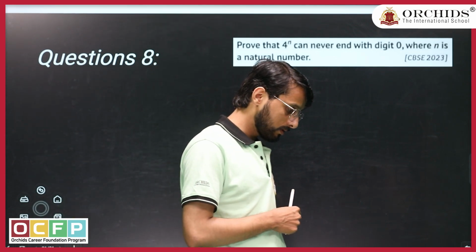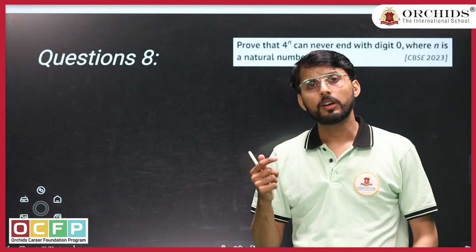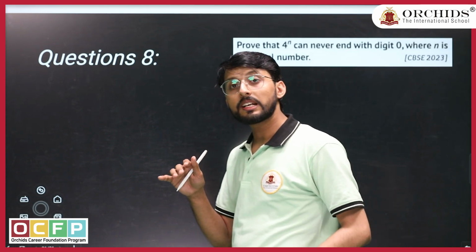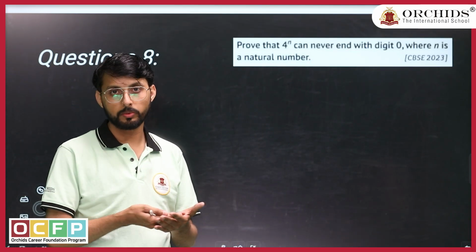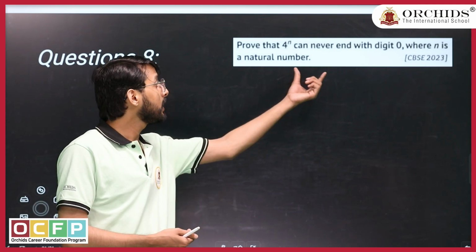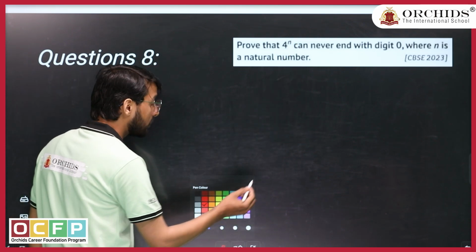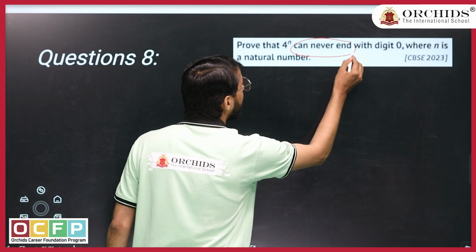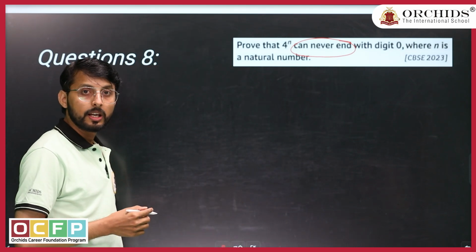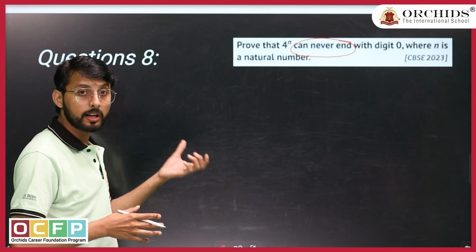In question number 6 we were doing trailing zeros, the number of zeros. It means a pair of 2 and 5 will end up in zeros. They are telling us it will never end with 0, which means it doesn't have a pair of 2 and 5. If we are not getting any pair of 2 and 5, our number will never end with 0.